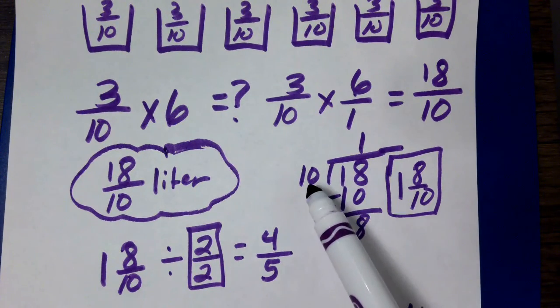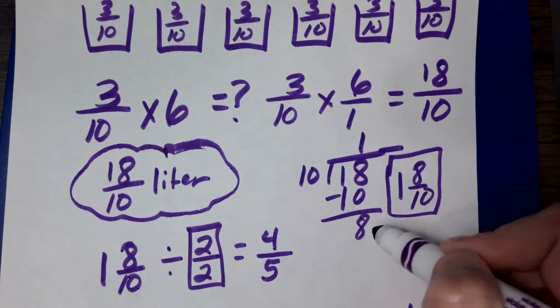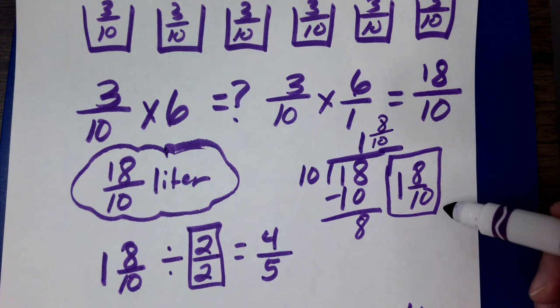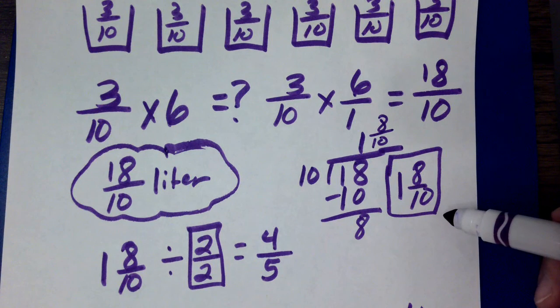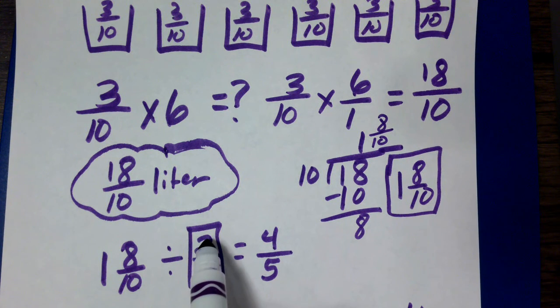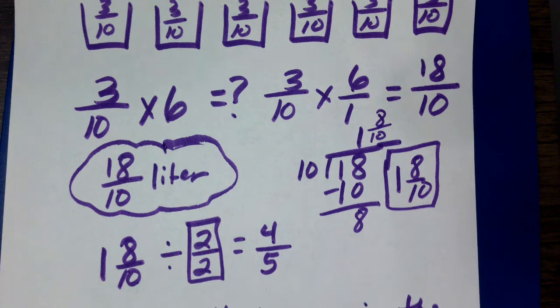So I divided the 18 by 10, and I got 1, and I actually should put this 8 as the numerator and 10 as the denominator, and then I boxed it in over here. And I wanted to simplify it a little bit further, so I took the 1 and 8/10 and divided it by 2 over 2 to get 4/5, and I had to make sure I included that 1. So 1 4/5 liter was in the pitcher before Olivia filled the 6 glasses.